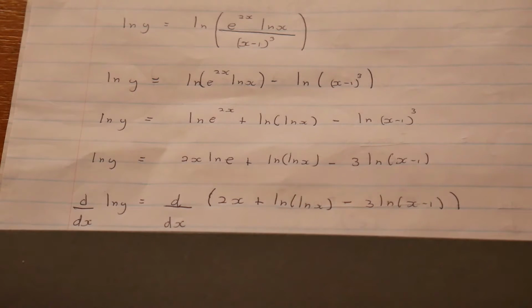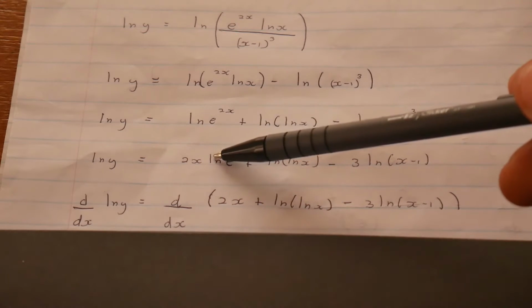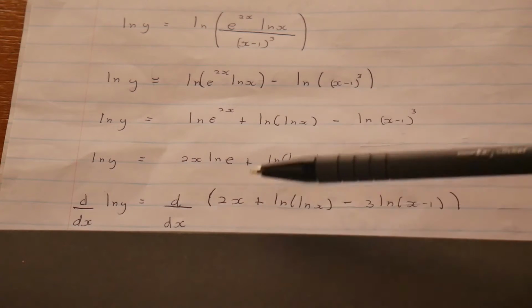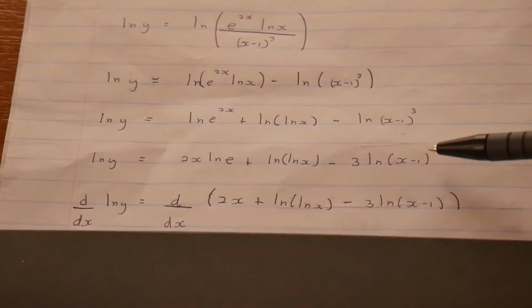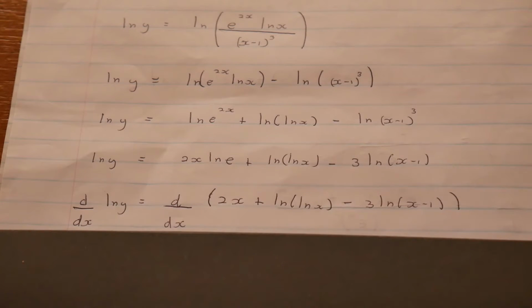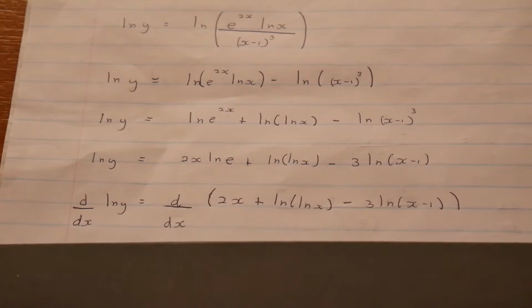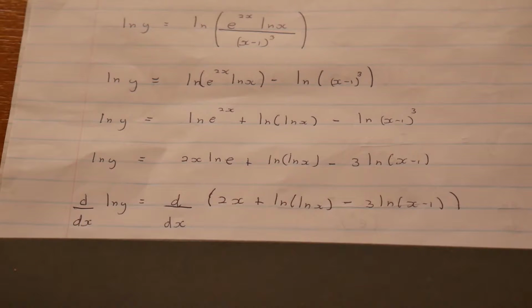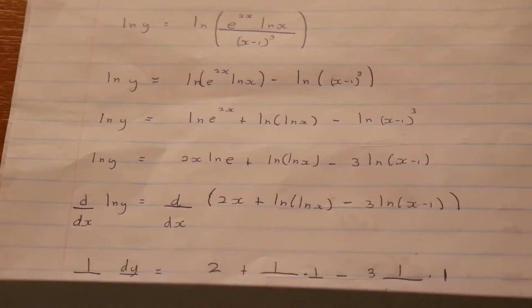I didn't differentiate. ln of e is 1, so you have 2x plus 1. Good. So I basically wrote back this here, and then I put the differential operator, d/dx. So I'm now going to differentiate both sides of this equation.